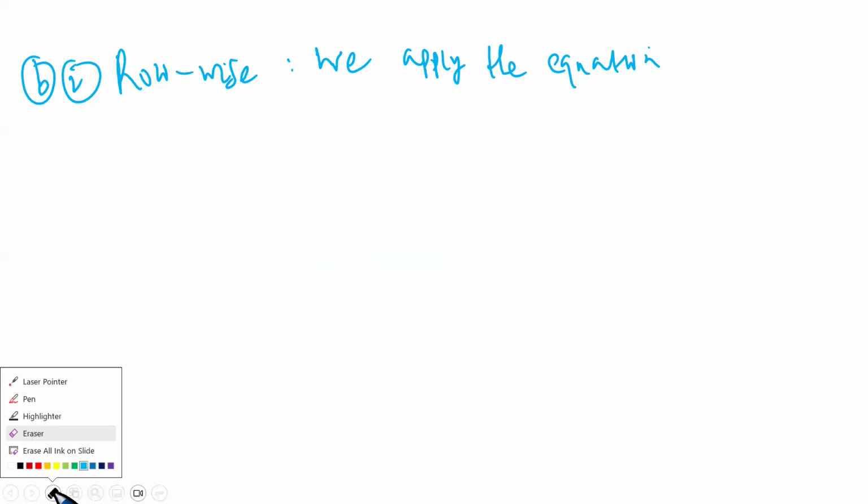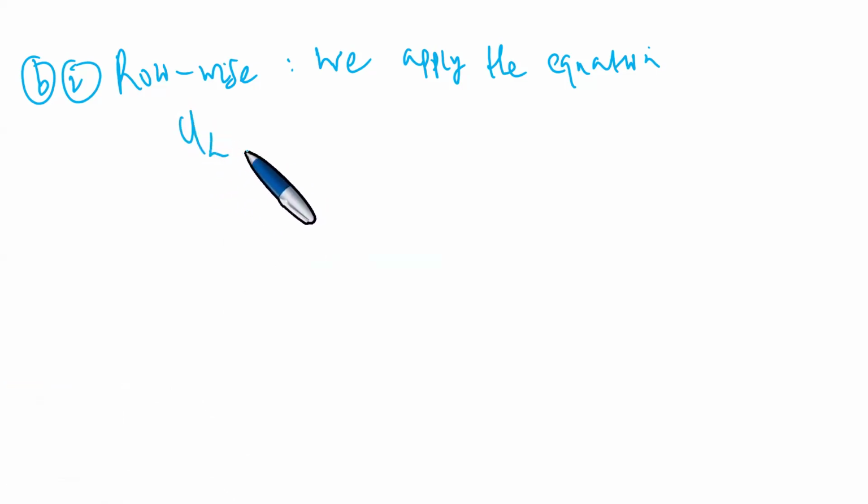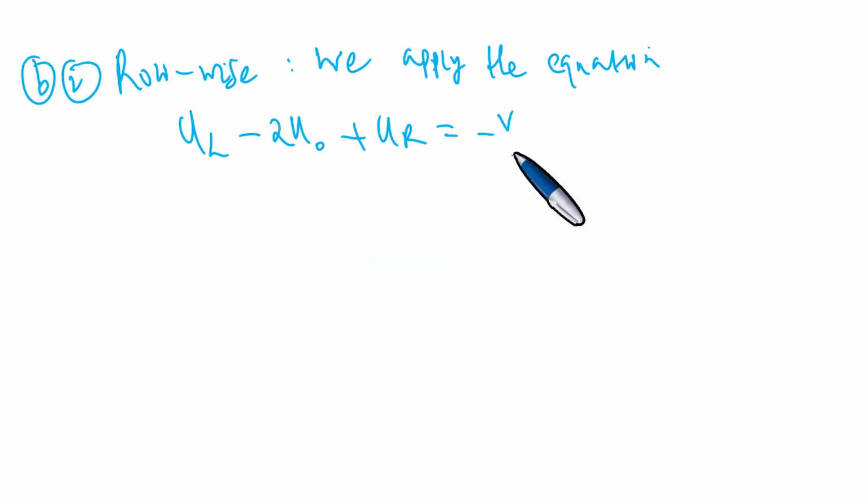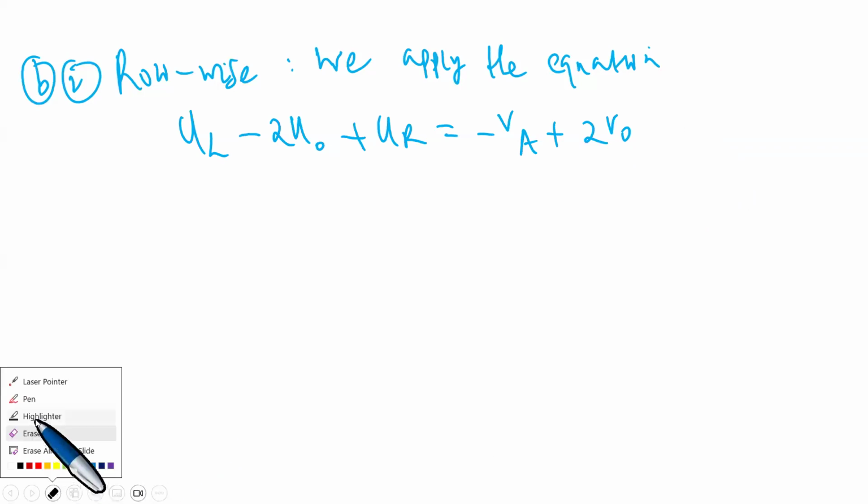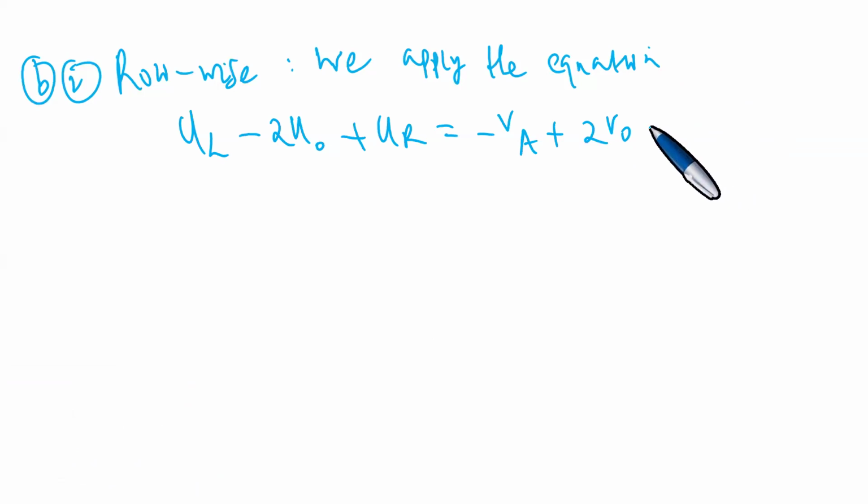Looking at the row-wise, we apply the equation UL minus 2U0 plus UR equals minus VA plus 2V0 minus VB. Shall I explain this?